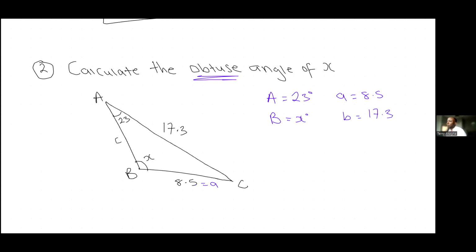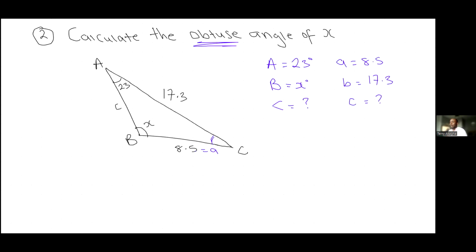And C, angle C, we're not given that, okay? And the side facing it as well, we're not given that as well. Same thing here. You can see we cannot use cosine rule here, all right? But sine rule will give us the acute angle. So we can only use the sine rule here. So please, if you missed my video on how to use sine rule, it is very important that you go and have a look on how to use sine rule.